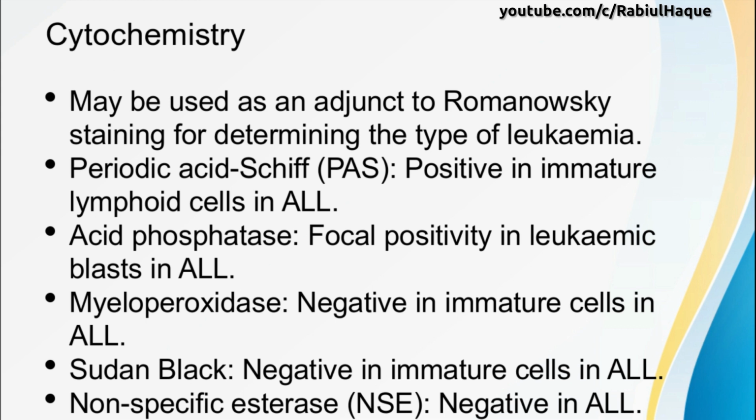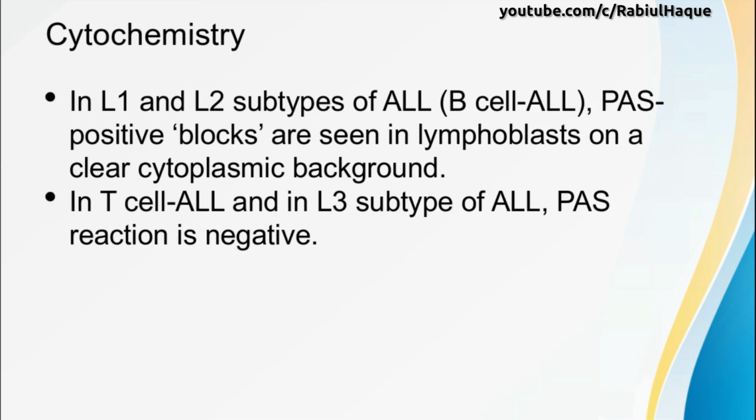There will be focal positivity of acid phosphatase in leukemic blasts in acute lymphoblastic leukemia. Myeloperoxidase will be negative in immature cells in acute lymphoblastic leukemia. Similarly, Sudan black and non-specific esterase will be negative in acute lymphoblastic leukemia.